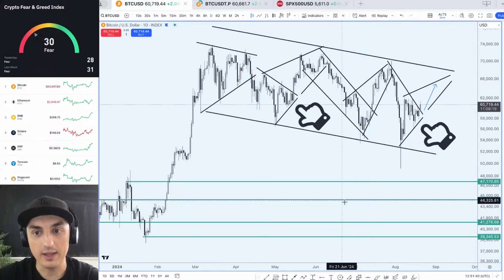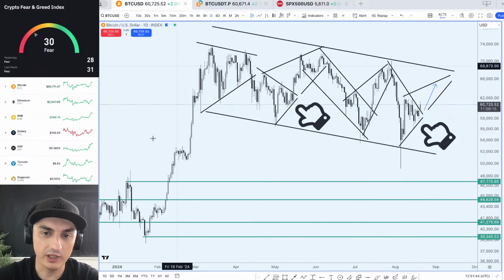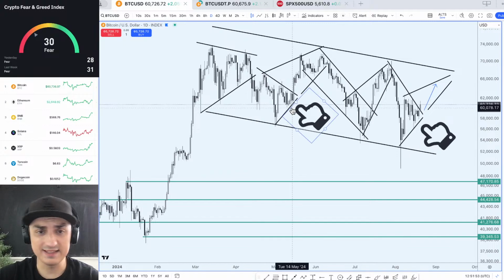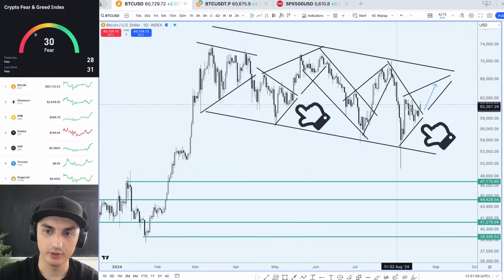So anyway, what we got on the daily time frame, it's a pretty interesting chart. I found yesterday that we got some kind of triangular shape over here and over here. These are pretty similar shapes, even pretty similar breakouts.